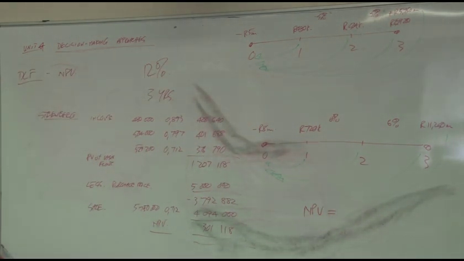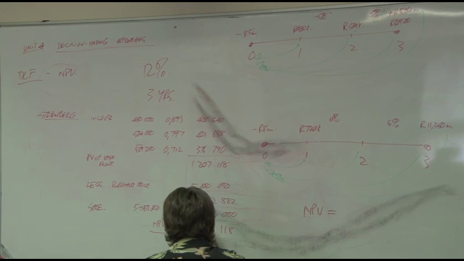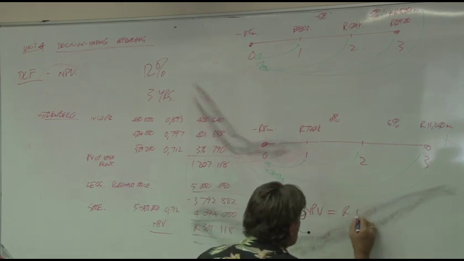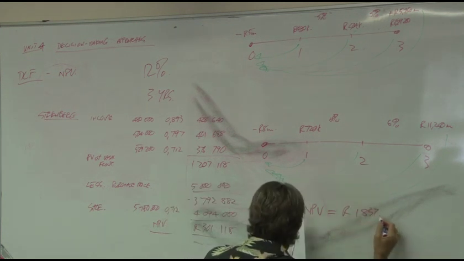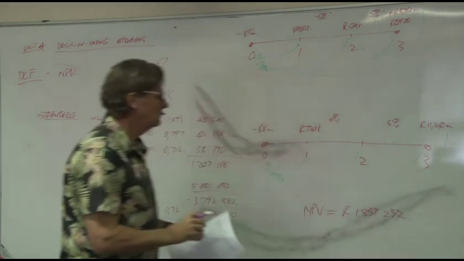That's right. Who gets round about 1.837 million? Good. So it depends on your calculator.